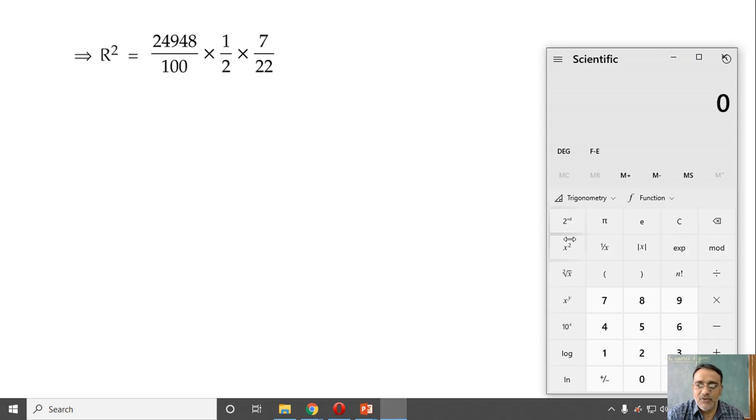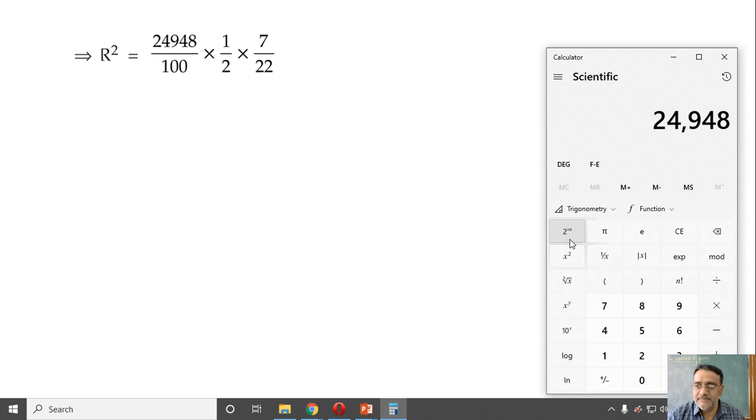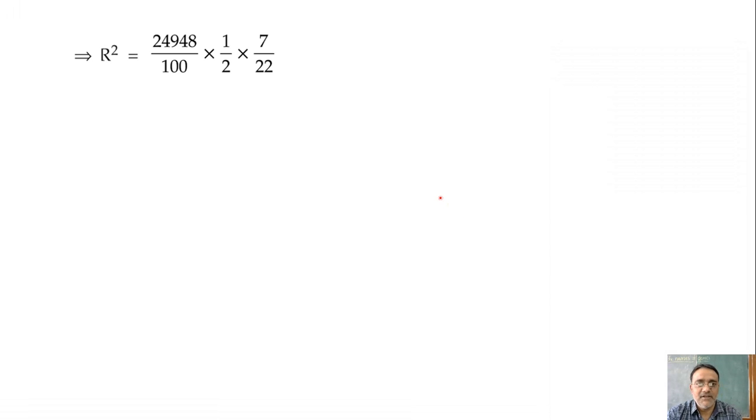24,948, we are dividing by 22. Okay, 1134. Then we divide by 2 also, so we get 567. So 567 into 7 upon 100. Again 567 we can write as 81 into 7.